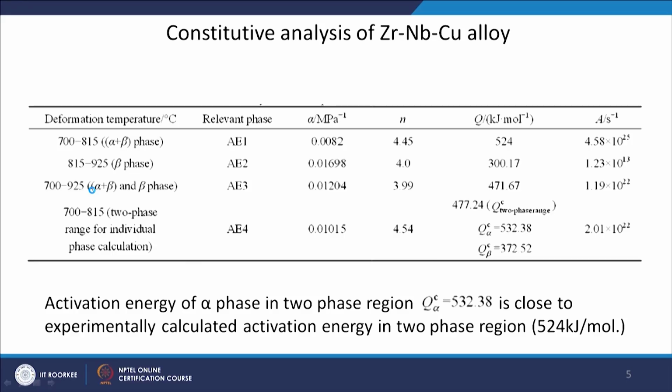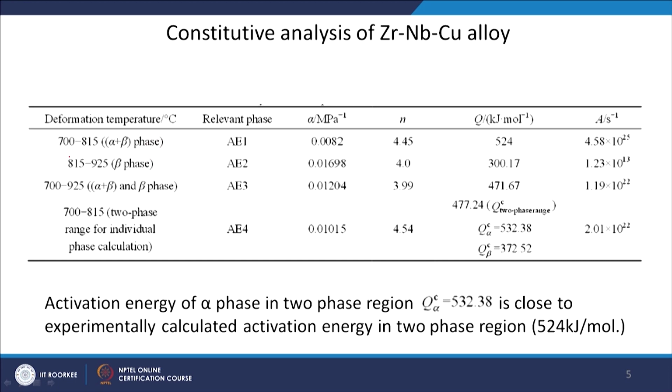That is how we were trying to validate whether what we are doing is correct or not. For example, the first work which we did was on a zirconium niobium copper alloy, with 0.5% copper and zirconium 2.5 niobium. These are also called ZNC alloys. These are all published literature. And the deformation temperatures which we used were for the different phases.